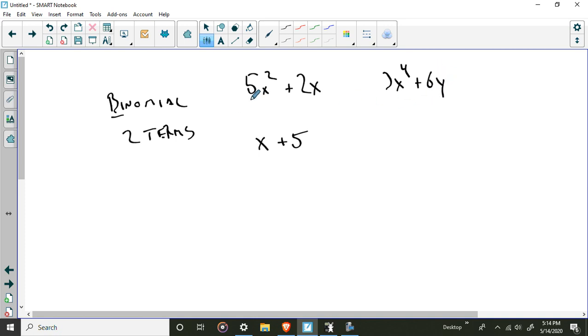Again, there are two terms, 1, 2. If I separate them by subtraction, right, we said terms are separated by addition or subtraction. So if I said 5x to the third minus 2, binomial, okay? So these are binomials, okay? Two terms.